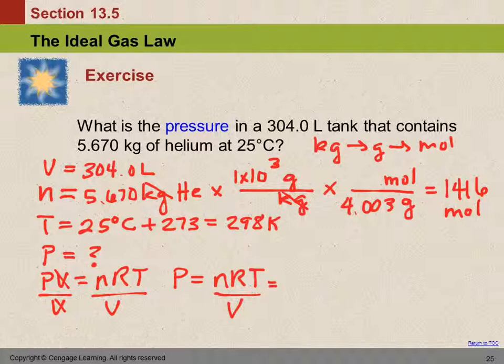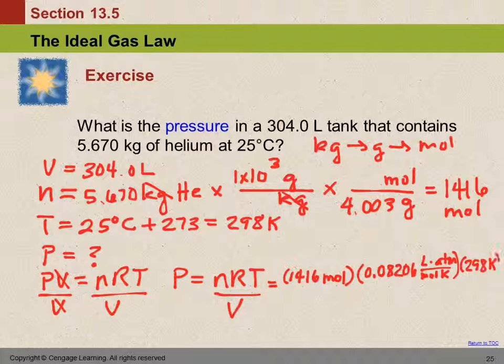So P equals N, which is 1416 moles, times R, 0.08206 liter atmospheres per mole Kelvin, times 298 Kelvin, and that whole mass is going to be divided by the volume, 304.0 liters.